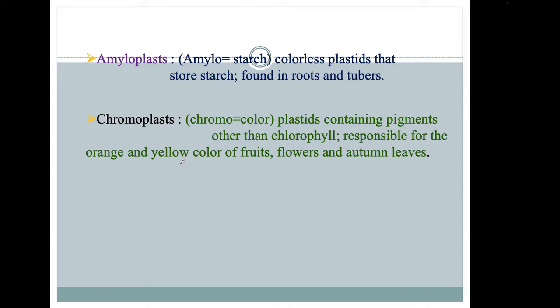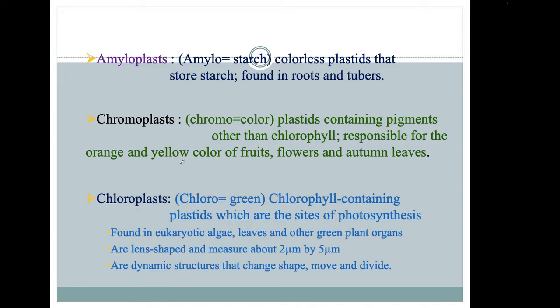Then coming to the chloroplast. Chloro means green. They are green colored plastids. They are found in all green parts of plants like leaves, young branches, stems, sepals, unripe fruits, and occasionally in the roots of certain plants like Tinospora.